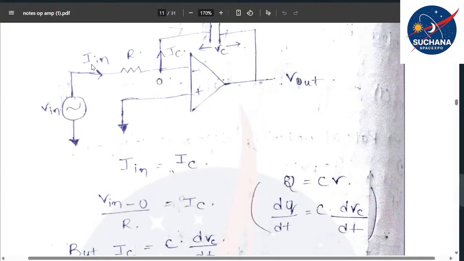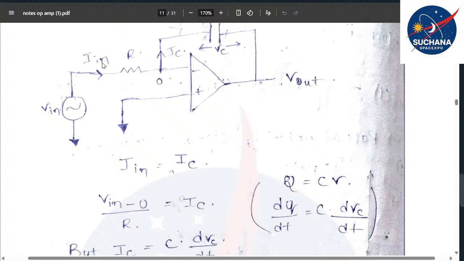To calculate IN, it is (Vin minus 0) by R. I already told you the concept of virtual ground. Here the input voltage is Vin, so Vin minus 0 is the potential difference across the resistor. From Ohm's law, V equals IR, so I equals V by R, where V is the potential difference across the component.